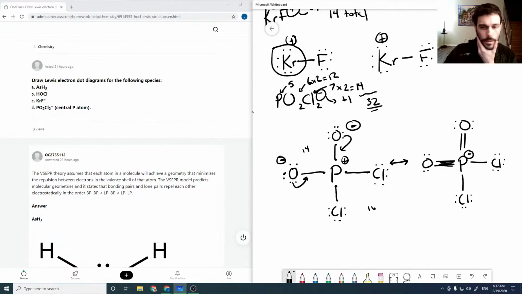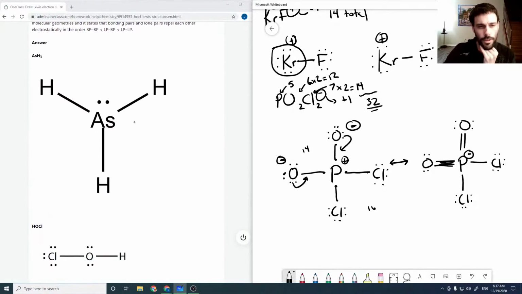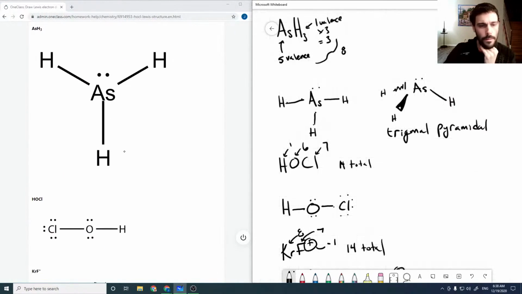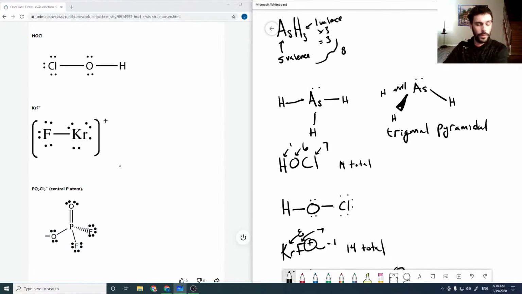Okay, let's check through the solution here. So there's arsenic trihydride, which basically is what we had. It's drawn a little funny, but it's okay. HOCl, just backwards from how I drew it, but that's the way we did it. KrF plus. That's just kind of wonky.